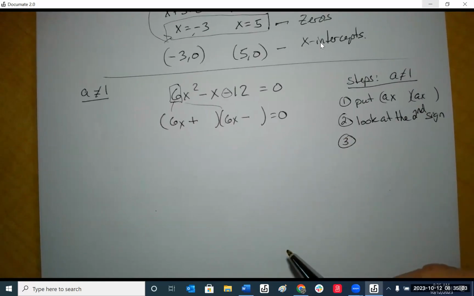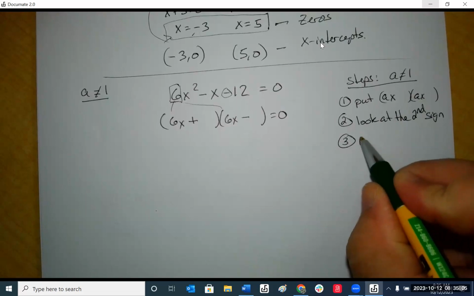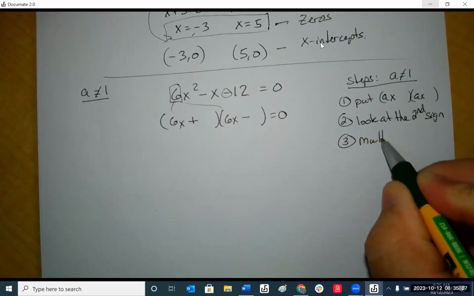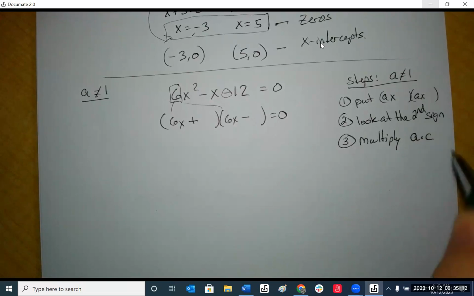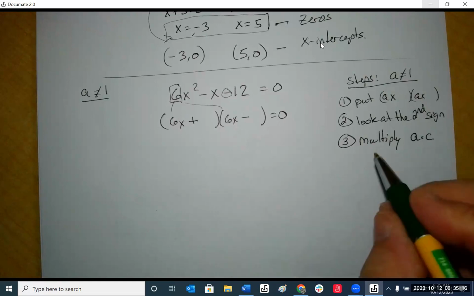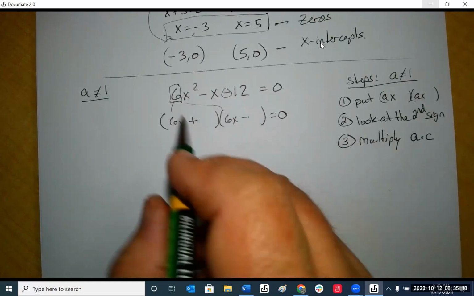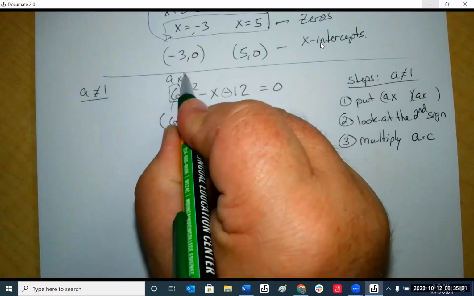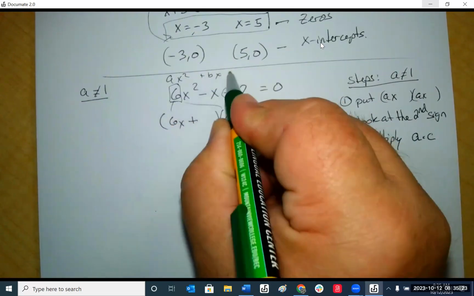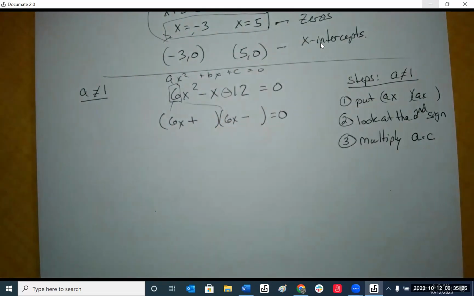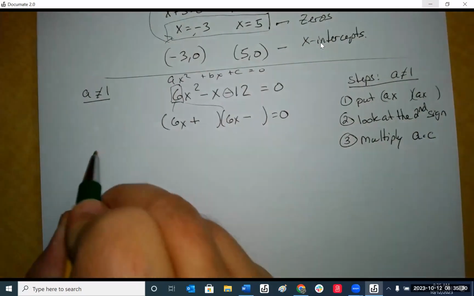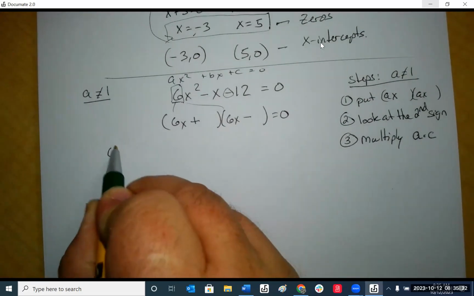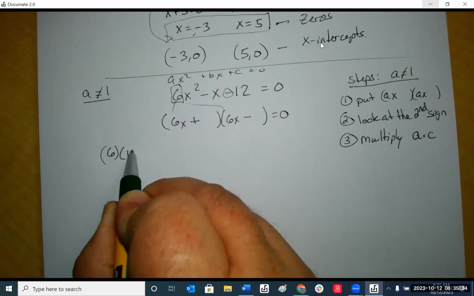Here's where it gets different. Multiply a times c. So in this case, remember we have ax squared plus bx plus c. And don't worry about the signs. A is 6. C is 12.